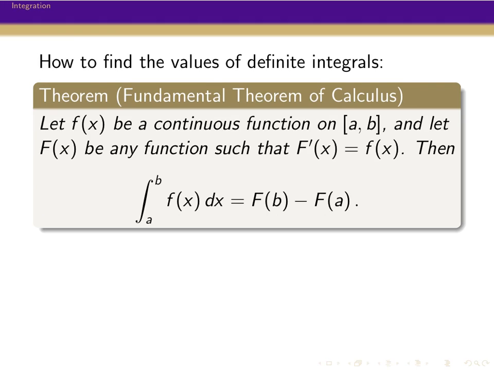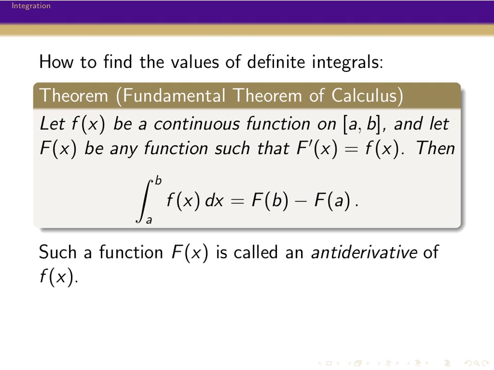So what this is saying is that to work out these area problems, all we need to do is find some function whose derivative is equal to the function we're trying to take the area underneath. Okay, and because you're sort of undoing a derivative, big F of x is called the antiderivative of little f of x.